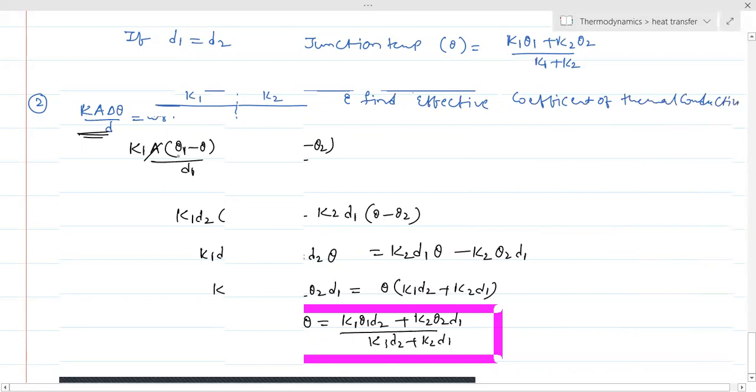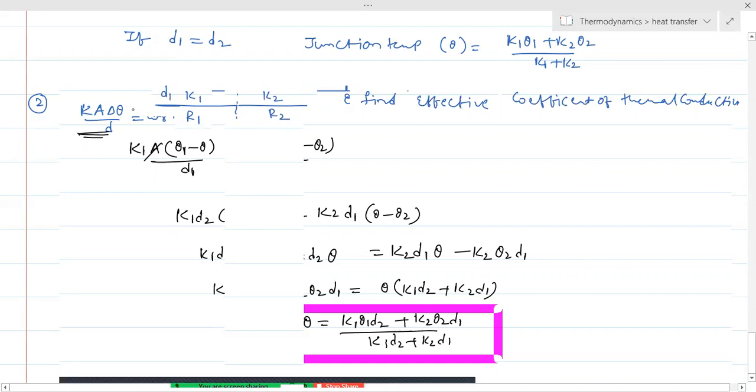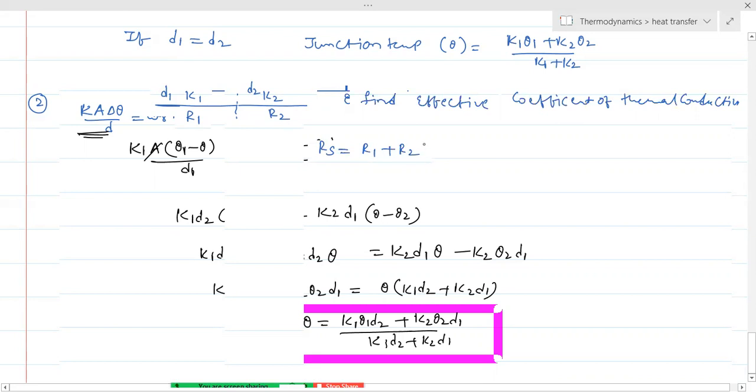So we will say this has a resistance R1 and this has a resistance R2, with lengths D1 and D2. As the two are in series, we write the series resistance R is equal to R1 plus R2, because the thermal resistance is comparable to series resistance in electricity. So R is equivalent to R1 plus R2.